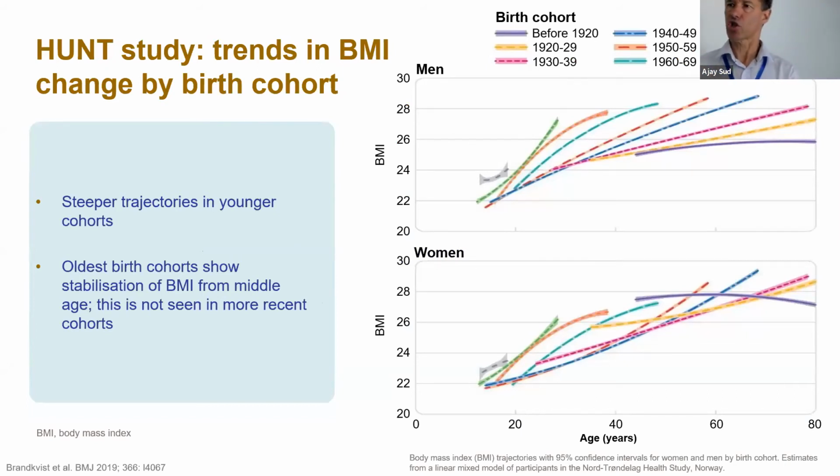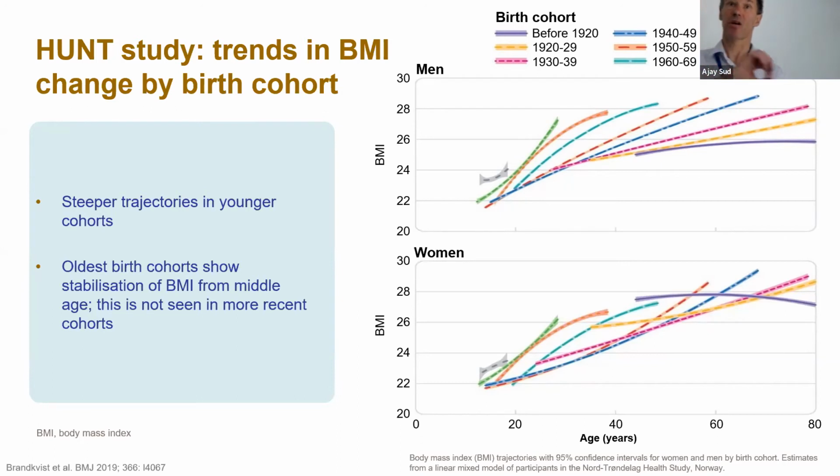Because if you look at the trends, we can just look at the men, it doesn't matter, you can look at men or the women, but you can see that the trends in body mass index for the younger cohorts are much steeper than for the older cohorts. So for those people that were brought up in the environment of the 1960s, 1970s, the increase in body weight is relatively flat, but for the more recent younger populations, it's been much steeper.